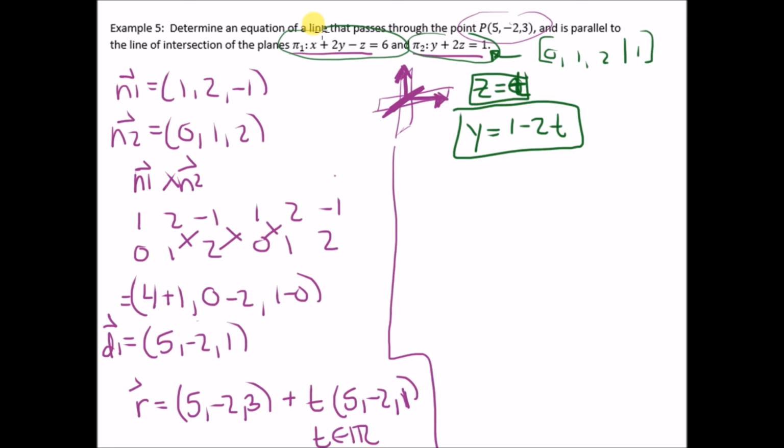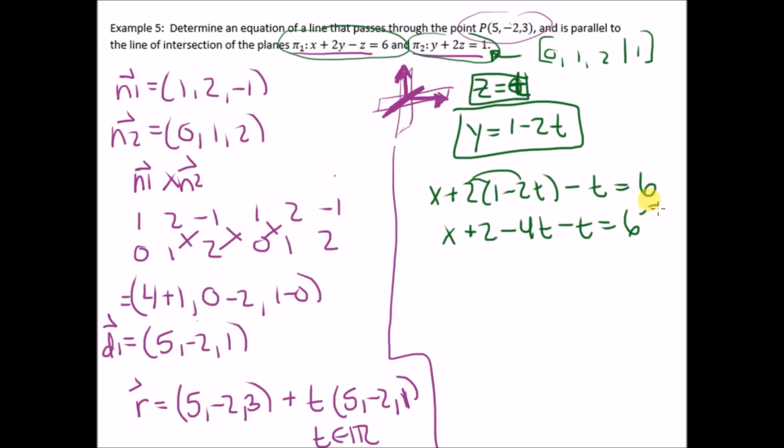And then for the x value, we can write x plus 2y minus t equals 6. Expand: x plus 2 minus 4t minus t equals 6, so x minus 5t equals 4. Bring it over, plus 5t.